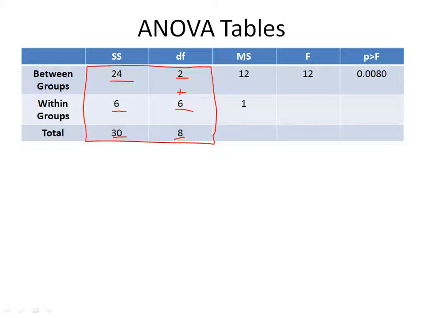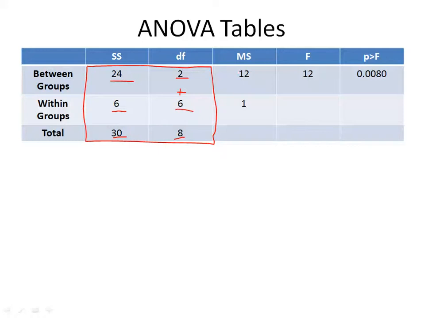And then the next column, the third column here, is the mean square error. So there's a mean square between and the mean square error within. For between groups, it's 24 divided by 2, which is 12. And 6 divided by 6, which is 1, for within. So this is the numerator and the denominator of your F statistic, which moves us to the next column.